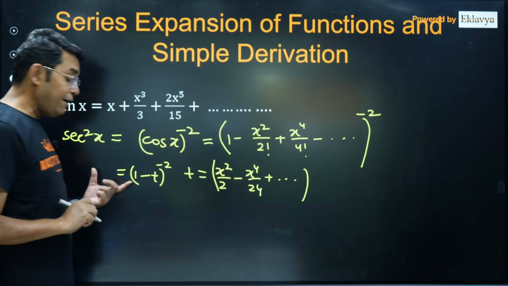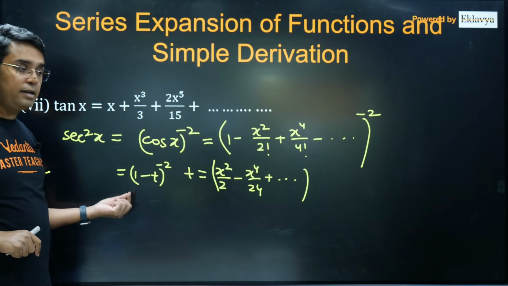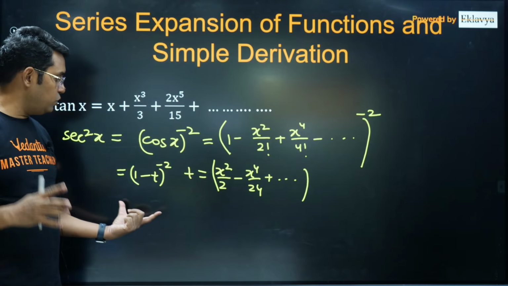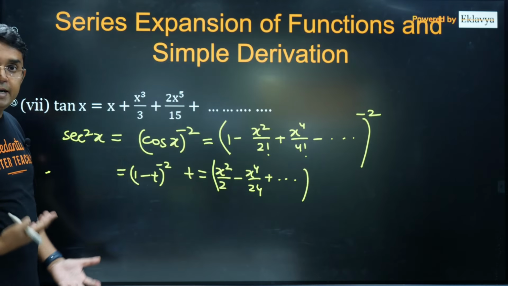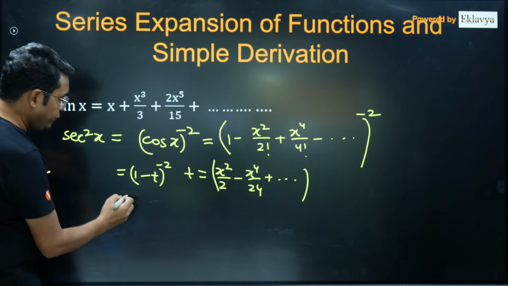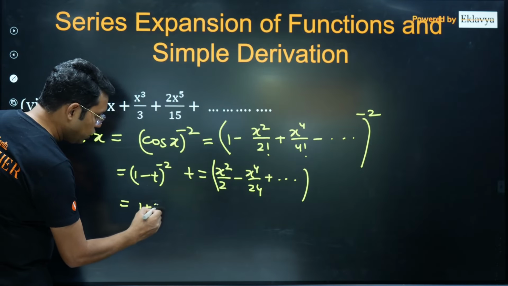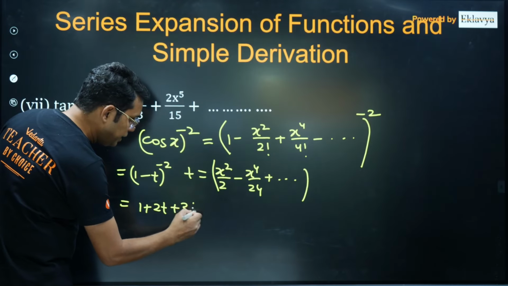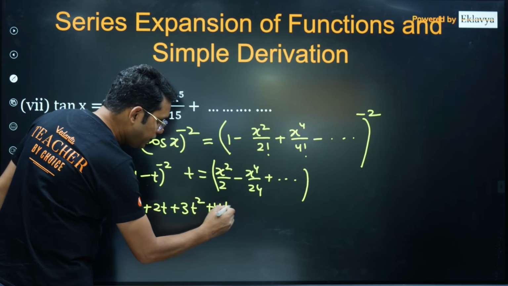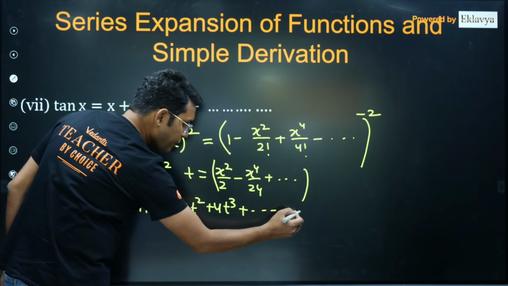Now I will be using the binomial theorem to write the expansion of it, which I think we must know because binomial theorem for any index is in our syllabus also. So if you expand it, it will become 1 plus 2t plus 3t square plus 4t cube and so on.